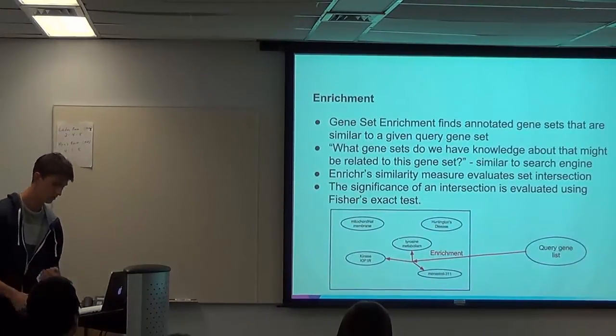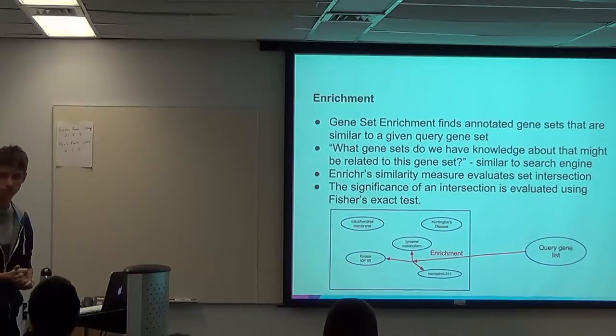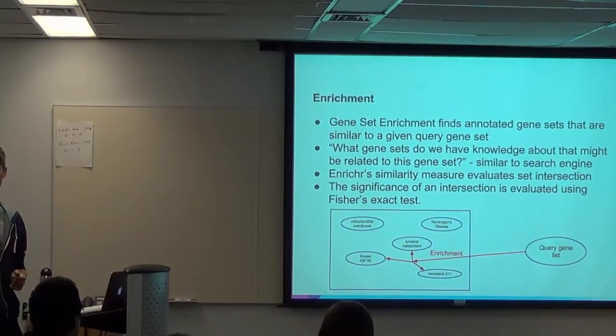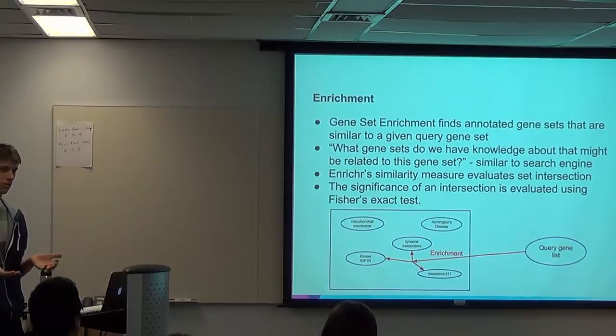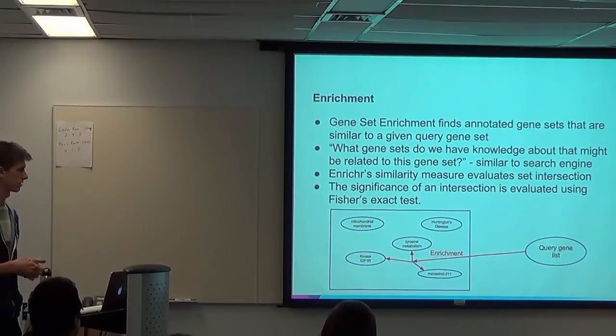So a quick overview of enrichment. What is gene set enrichment? One view is finding annotated gene sets which are similar to a given query gene set. It's similar to answering the question, what gene sets do we have knowledge about that might be related to our unknown or unannotated gene set?